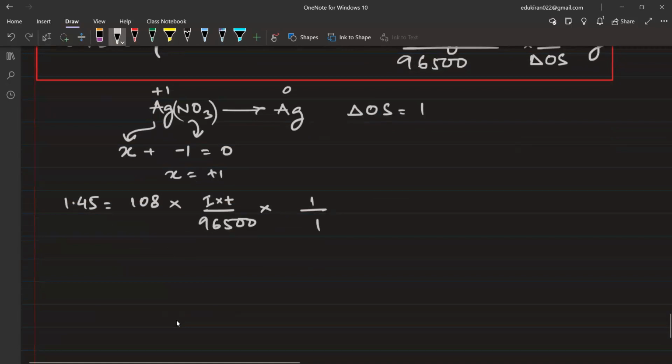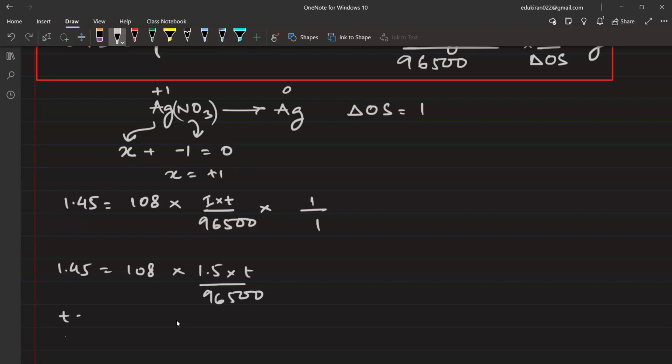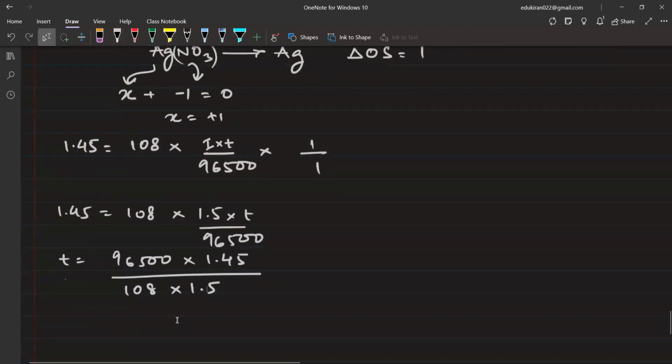आपको यहाँ पे क्या निकालना है? टाइम निकालना है. I भी दिया हुआ है. 1.45 is equal to 108 into I, which is given as 1.5, into time upon 96500. So time will be equal to 96500 multiplied by 1.45 divided by 108 into 1.5. ठीक है?